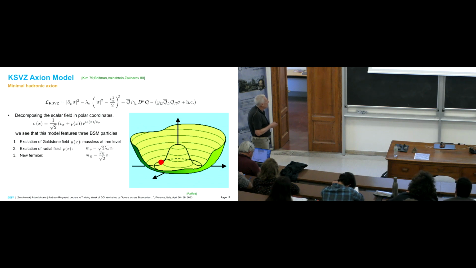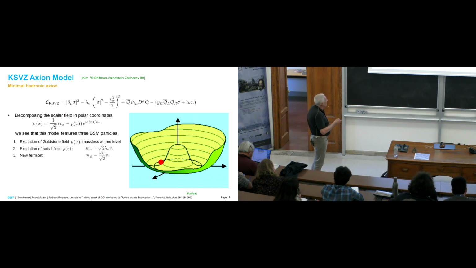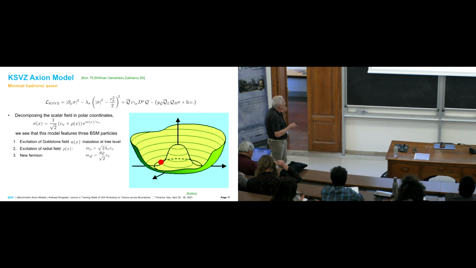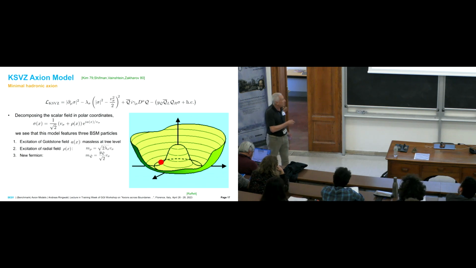And this new fermion will also get a mass. The mass will also be proportional to this v_σ because it arises from this term, and will be proportional to the Peccei-Quinn breaking scale times the Yukawa coupling, and unless the Yukawa coupling is super small, this guy will also be quite heavy.